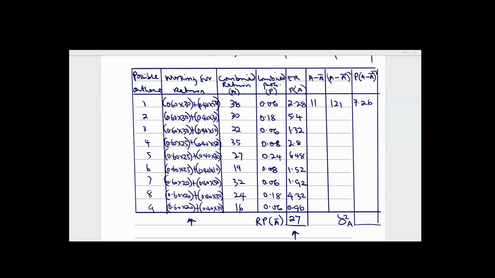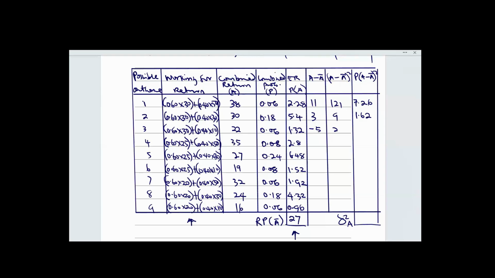Then the next one is 30. 30 minus 27 equal to 3. 3 squared will give us 9, right? Multiply by probability of 0.18, that's 1.62. And the next one, 22 minus 27 will give us minus 5.